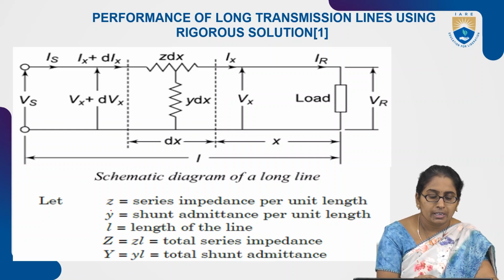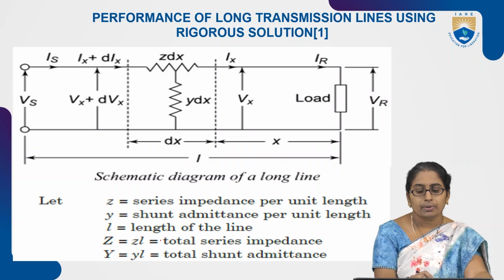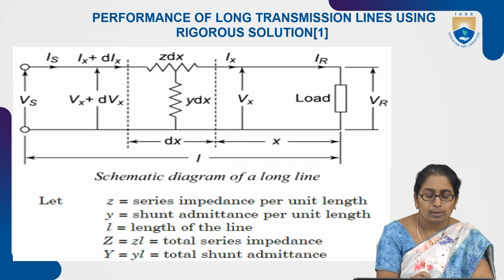Basically it is defined: let small z be the series impedance per unit length, small y be the shunt admittance per unit length, and small l be the length of the line.